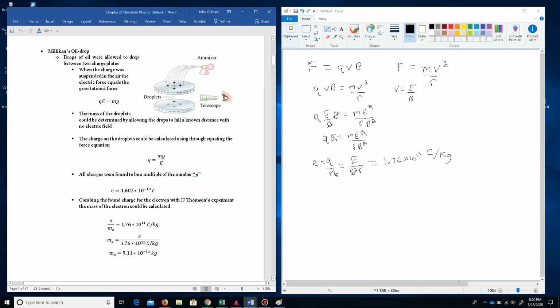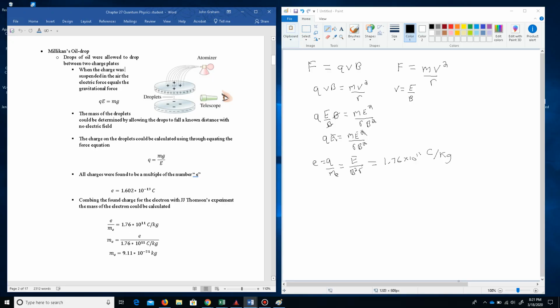Where he took oil drops and dropped them through an electrical field and had a telescope to watch it. As these fell, he measured how fast they would fall, in order to find the force on them.